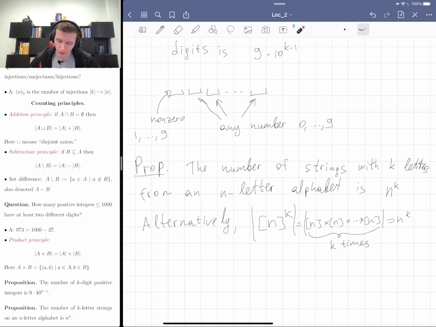So this bracket n to the k literally consists of all strings of length k where every letter has n possible options.